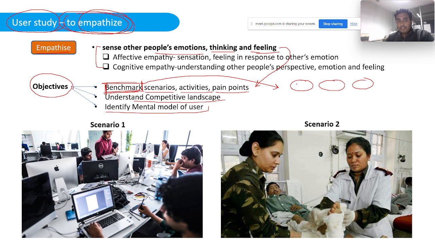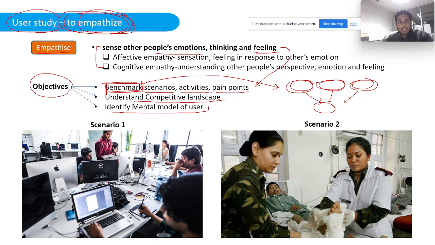Okay, so by benchmarking, what we mean is we investigate various scenarios and try to see what is common across the various interaction scenarios and user activity scenarios. Then we benchmark particular scenarios, saying this is the common thing that happens in this particular scenario.